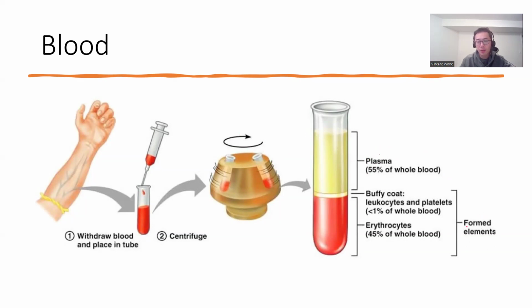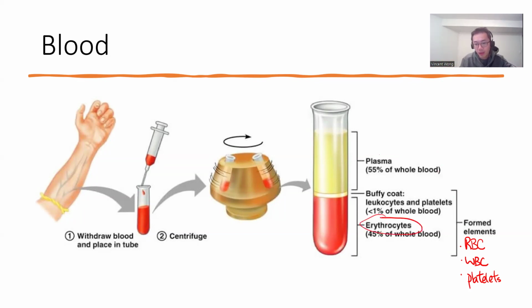The formed elements are all the cells found in the blood, including red blood cells, RBC is red blood cells, white blood cells, as well as platelets. If you are not familiar with these cell types, we're going to be talking about them. They all have a fancy name other than the regular name.